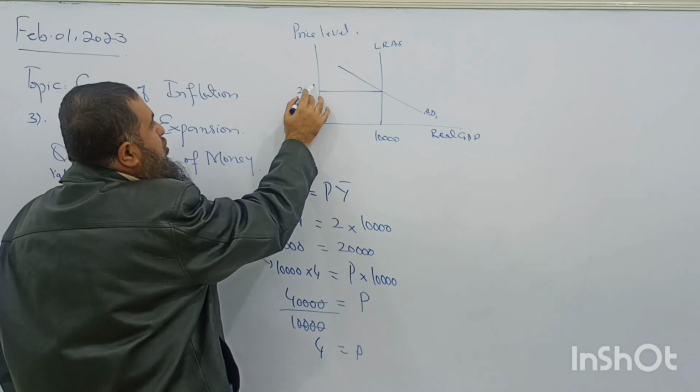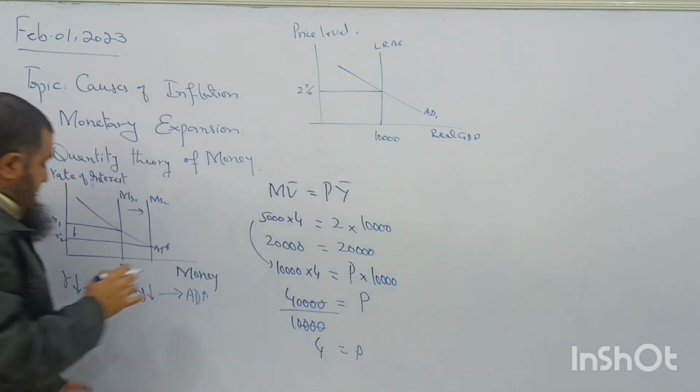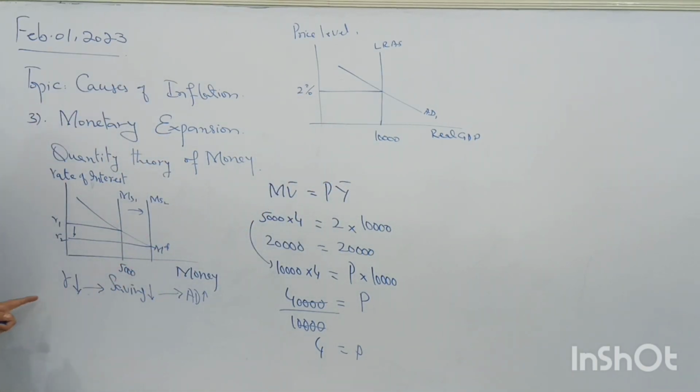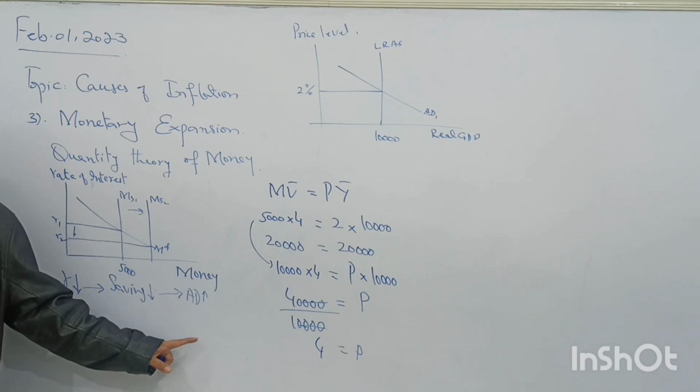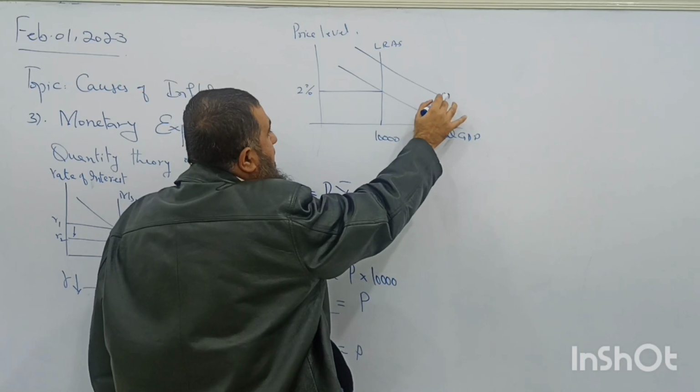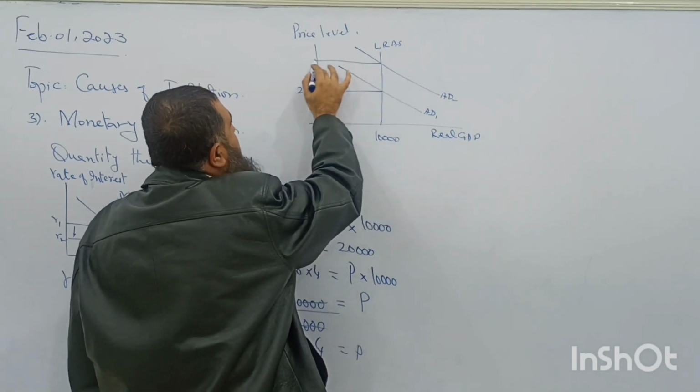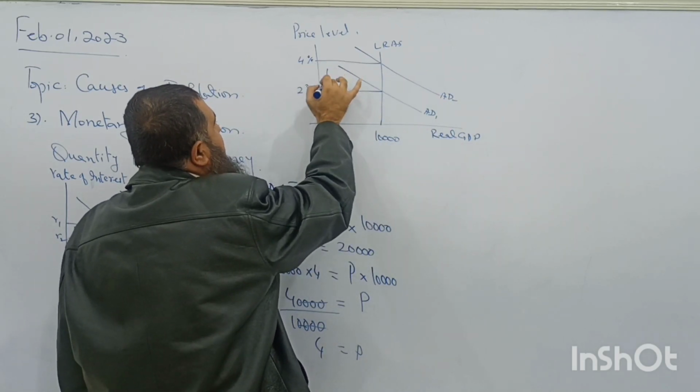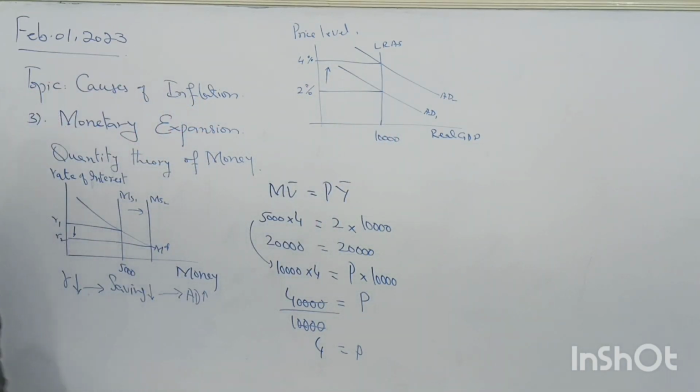Price level is 2%. So when money supply is increased, aggregate demand, look here, has shifted upward. So what happens to the price level? It is now 4% because output hasn't changed.